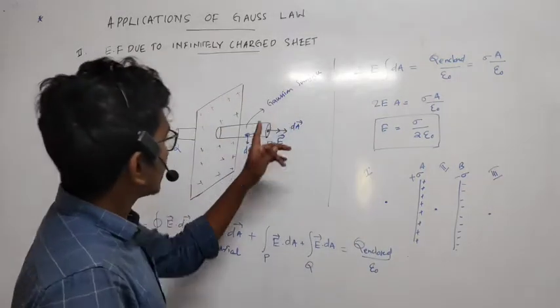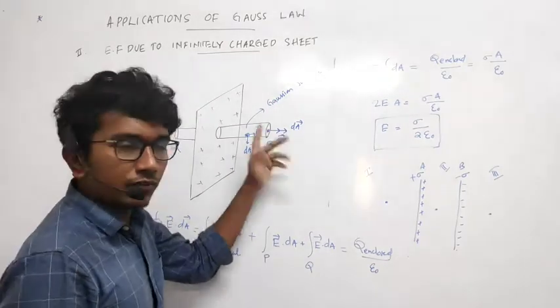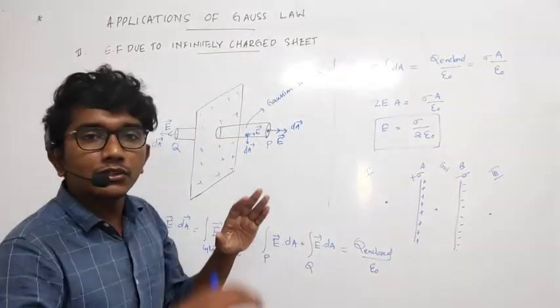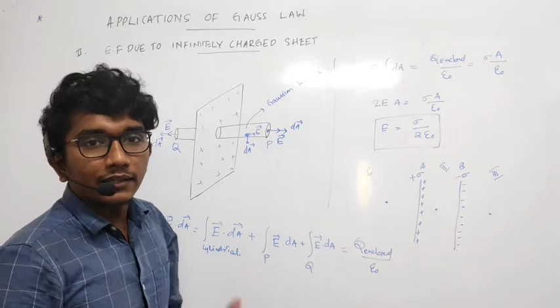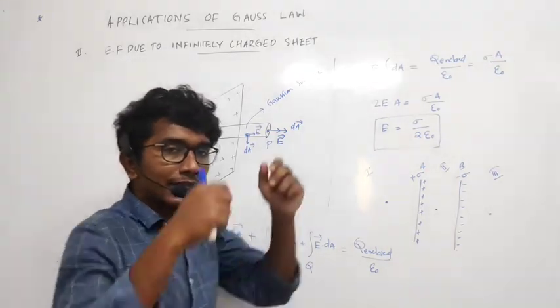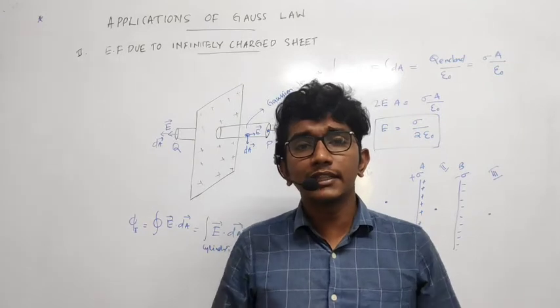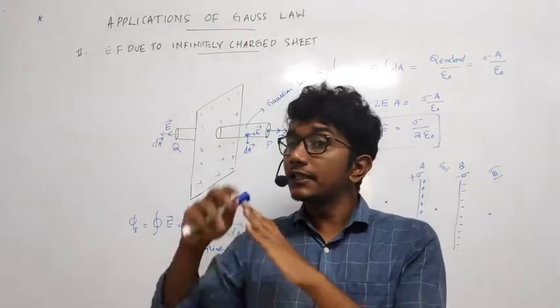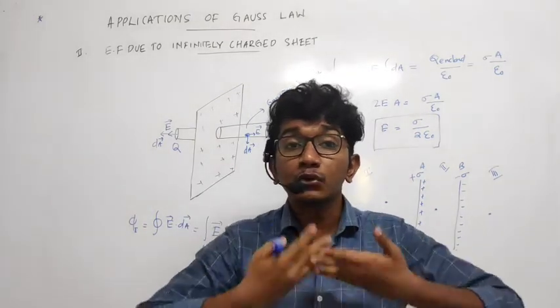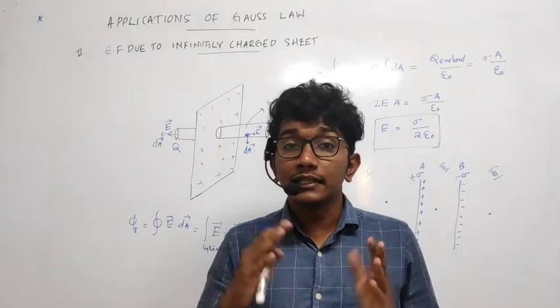The Gaussian surface is nothing but a cylinder. In the last case, the infinitely large charged wire, it was also a cylinder, but here we are not going to consider this cylinder in that way.